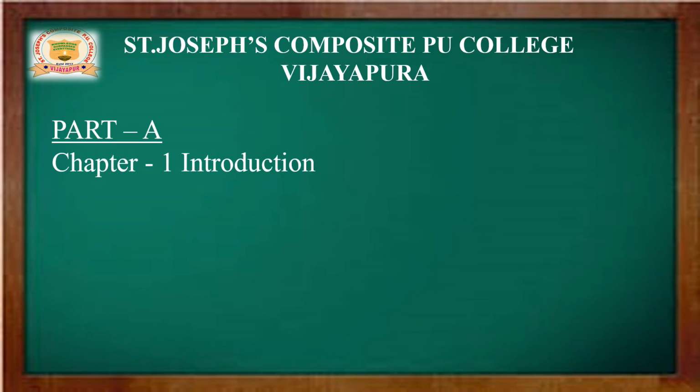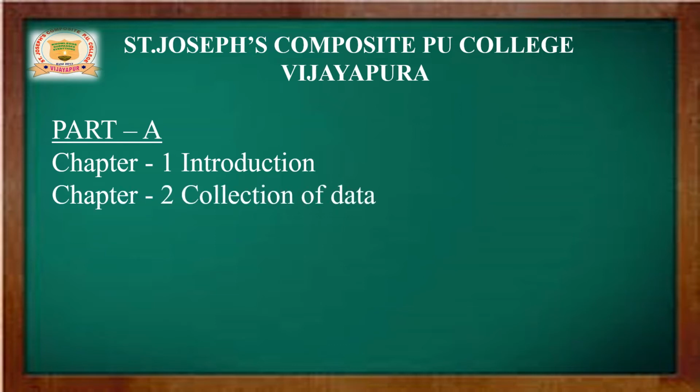Chapter number 1, Introduction. In this chapter, we are going to learn the basic concepts of economics that we already discussed in your bridge course, that is, how economics is useful to statistics also. So that basic concept we will study in chapter number 1.